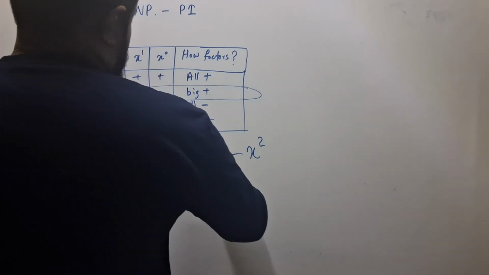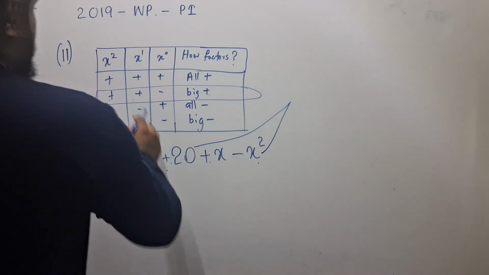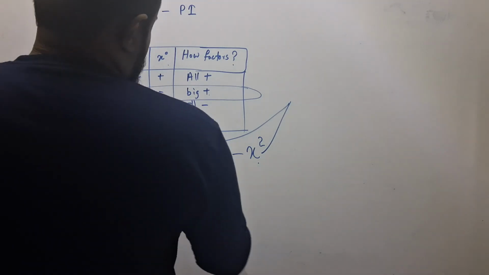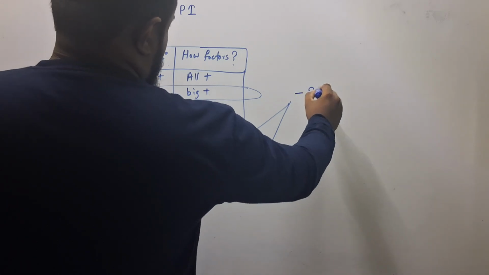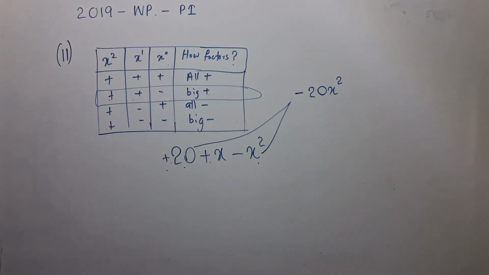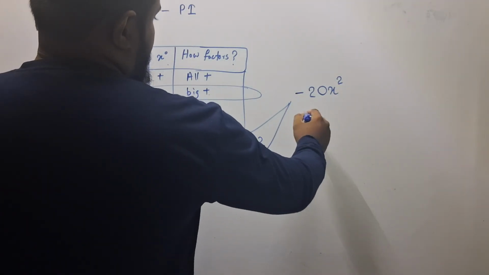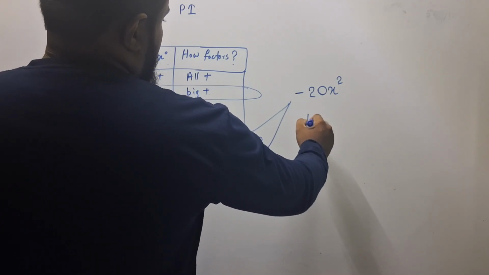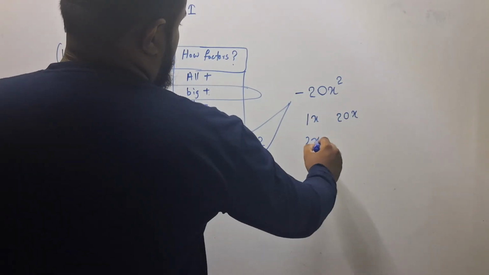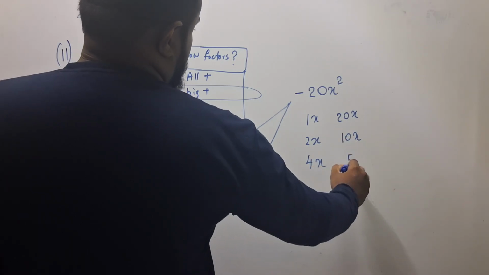First we multiply the first term with the third term, the x squared term with the x to the power 0 term. 20 into minus x squared gives minus 20x squared. Then you think how this minus 20x squared can be made from factors: 1x into 20x, 2x into 10x, 4x into 5x.